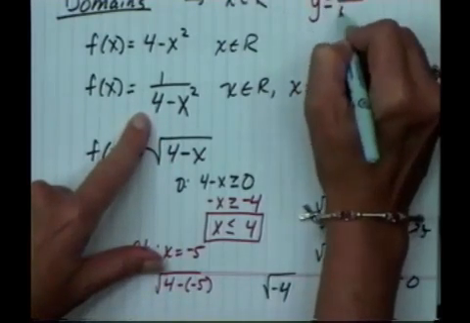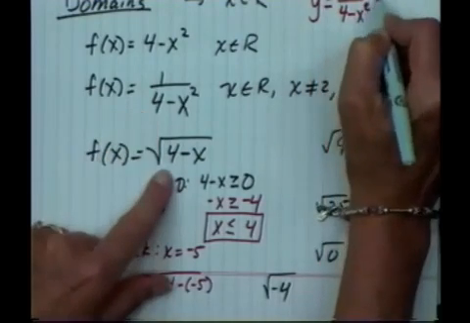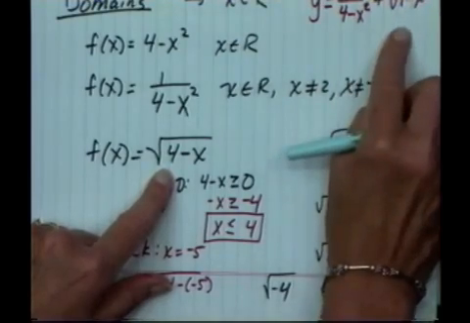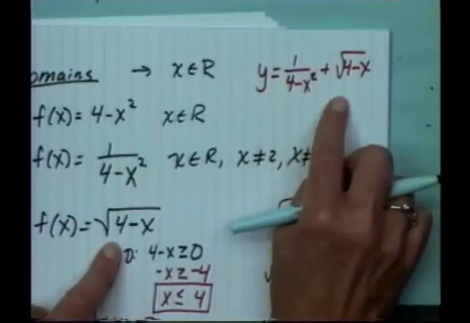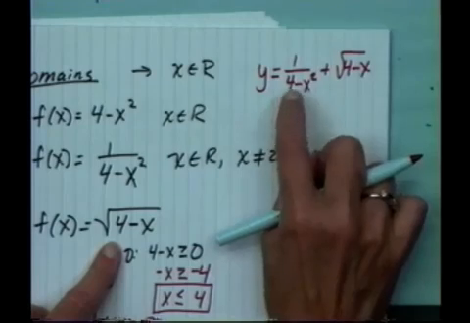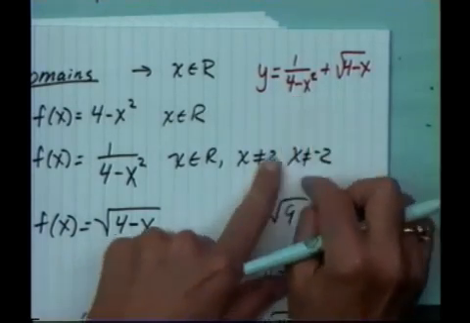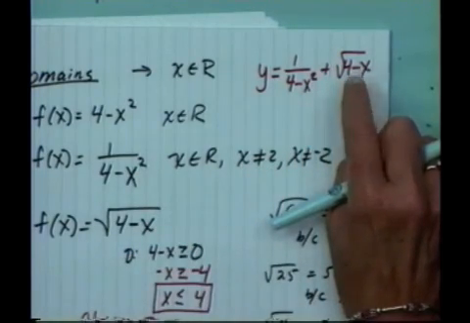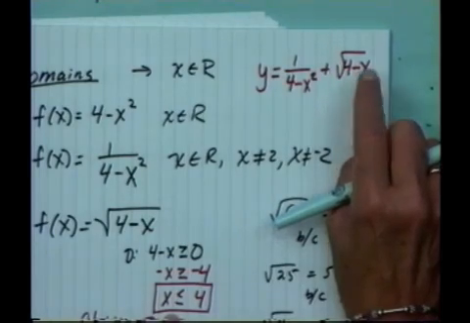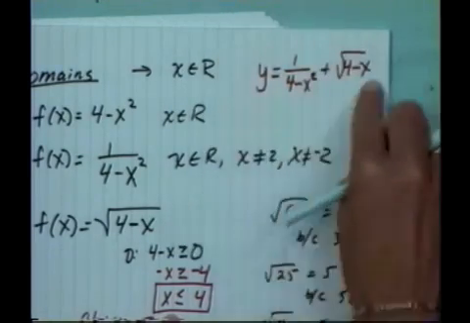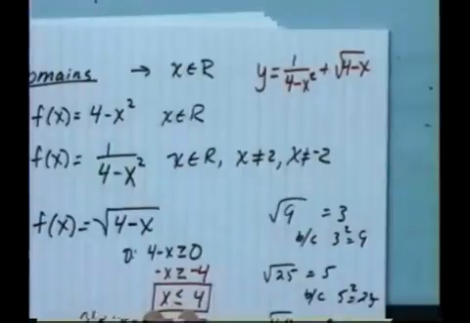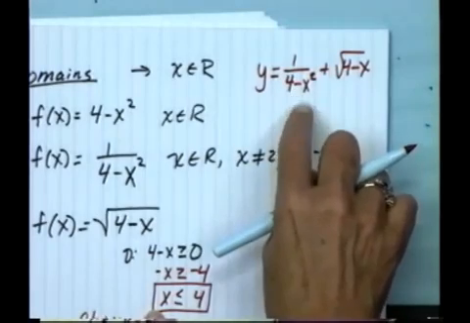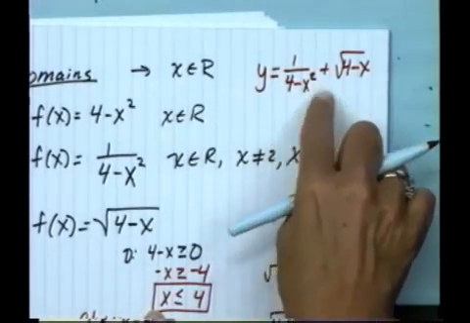If I add 1 over 4 minus x squared plus the square root of 4 minus x, I've created a new function here, but the domain for the function 1 over 4 minus x squared still has to carry through, as well as the domain x less than or equal to 4. So my domain for this entire function would be x is less than or equal to 4, but you better leave out 2 and negative 2 because that gives me division by 0. Does everybody see how that works?